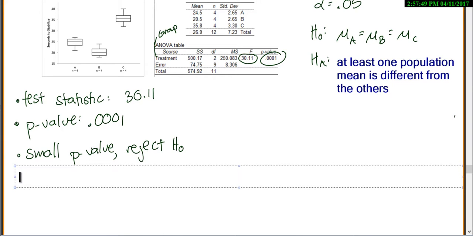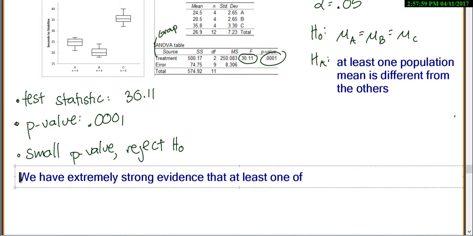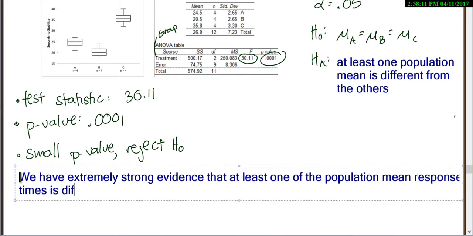Now that was a pretty small p-value. We rejected the null, so we can say that we have extremely strong evidence that at least one of the population mean response times is different from the others.